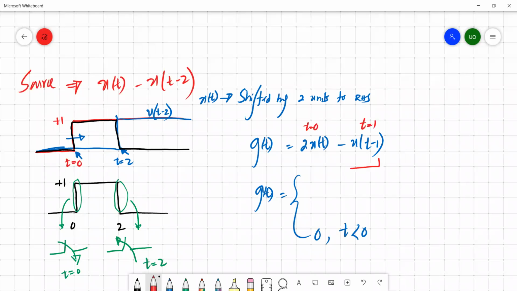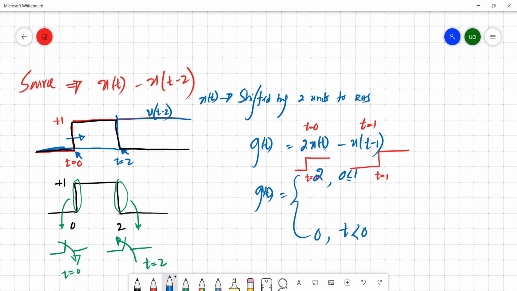So for t less than 0, the value of g(t) is 0. During the 0 to 1 interval, we have a functional value of 2.